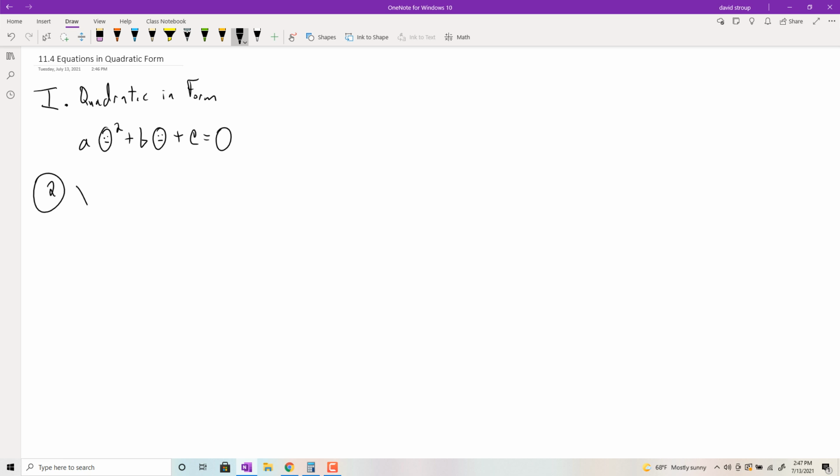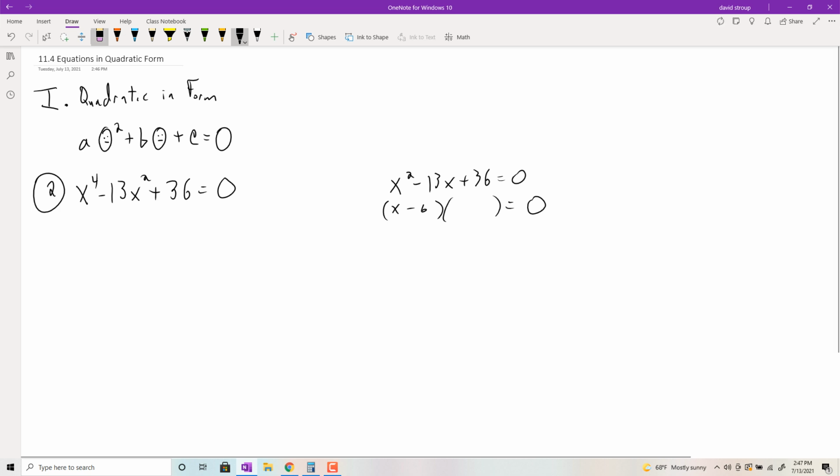Here's number 2. I have x to the 4th minus 13x squared plus 36 equals 0. Okay, so compare this to x squared minus 13x plus 36 is 0. I could factor this, and I need a 13 resulting.